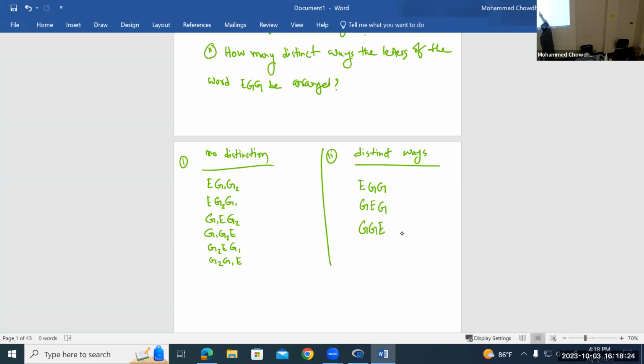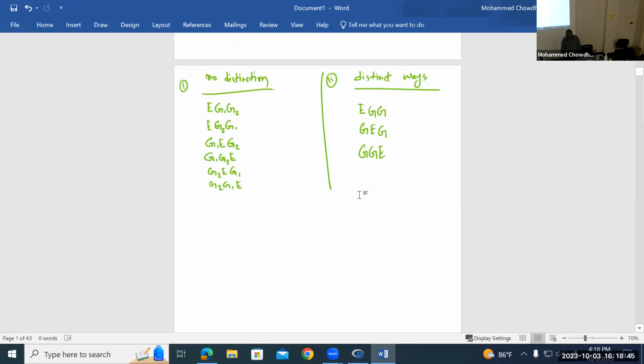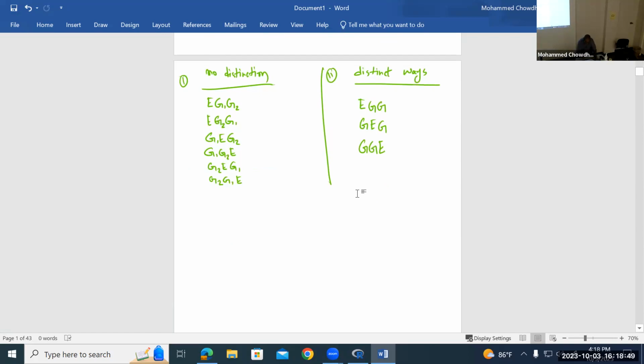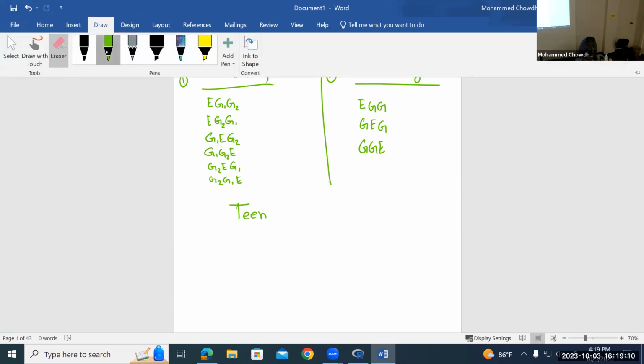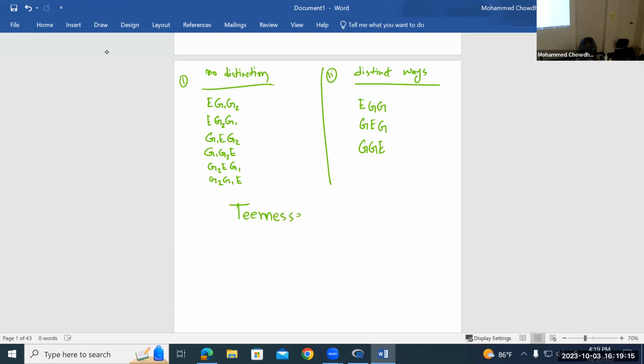So if this G comes here, that G comes here, there is no way I can distinguish unless I put a label there, 1 and 2. Unless we put a label there, we cannot distinguish them, right? There is a rationale why I said that. How many ways and how many distinct ways the letters of the word Tennessee can be arranged?